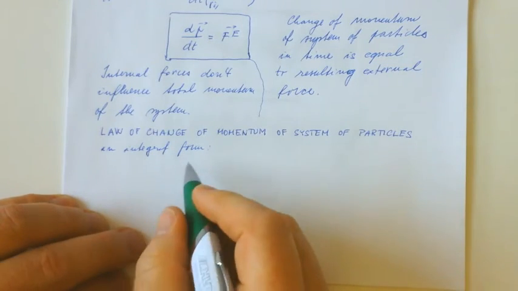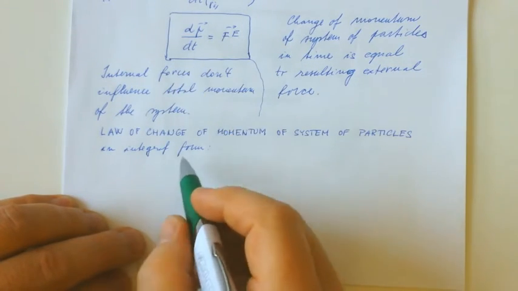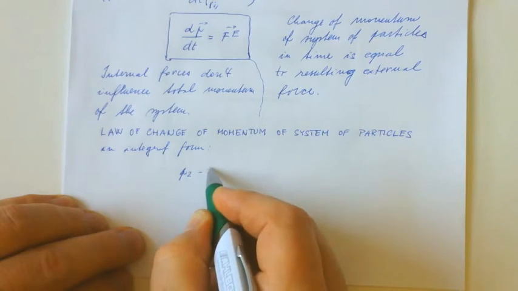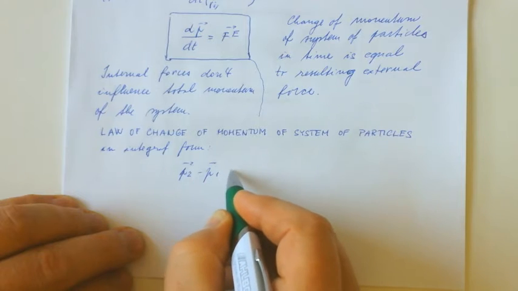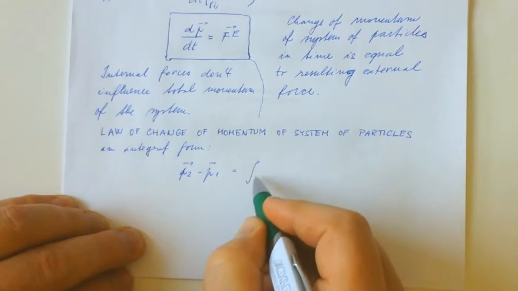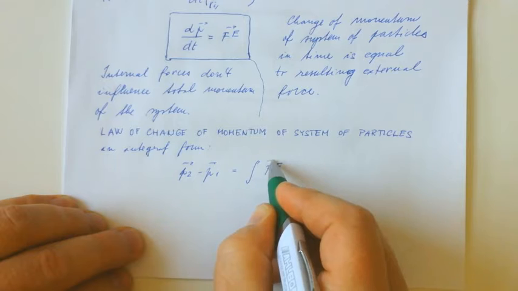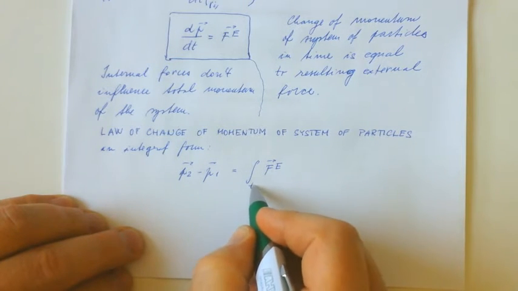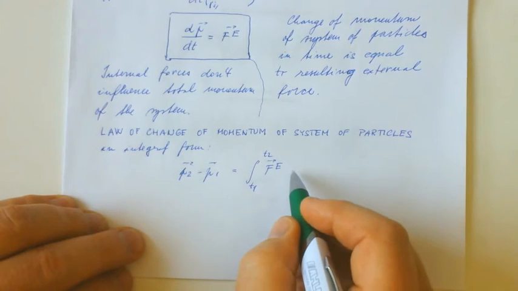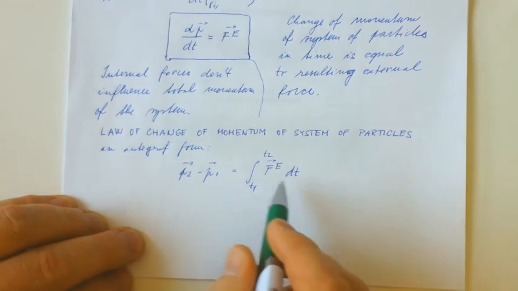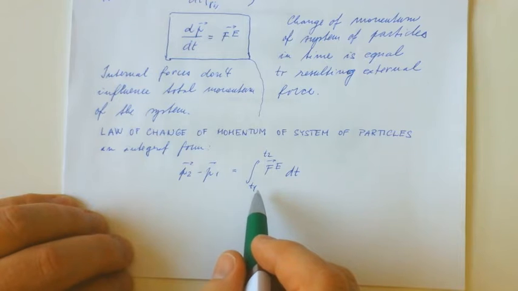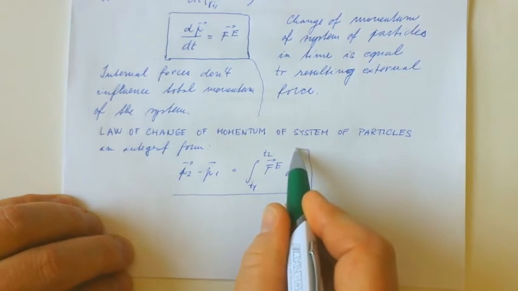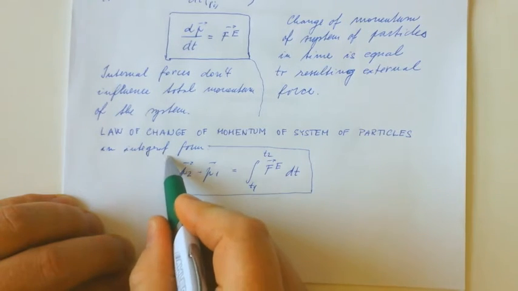Okay, so when we integrate this equation, we get that P2 minus P1 is equal to the integral of Fe, the total resulting force, from time t1 to time t2 with respect to time. Okay, so this is an alternative integral formulation of this law.